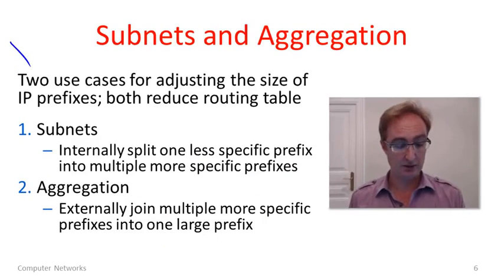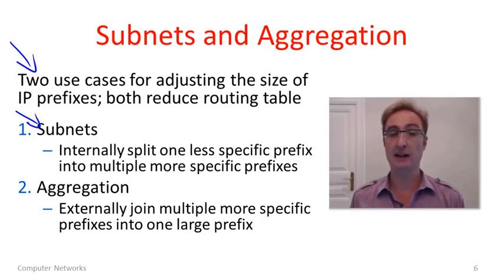So, there are two different use cases which are really just converses that allow us to adjust the size of IP prefixes. Both of them take advantage of hierarchy in slightly different ways, and they help us both manage the network and reduce the size of the routing table. We're really after scalability by doing this. So what are the two use cases? One is what's called subnetting.